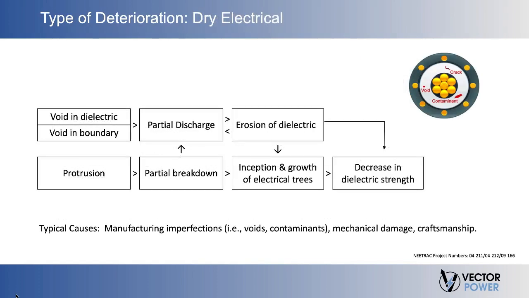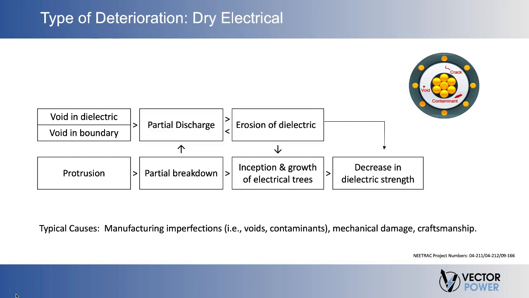Now, other types of deterioration we can classify as dry electrical deterioration. This may be caused by voids in the dielectric or voids in the boundary, or by protrusions. The voids create partial discharge, which begins to erode the dielectric, and this process continues, and we see a decrease in the overall dielectric strength of the material.